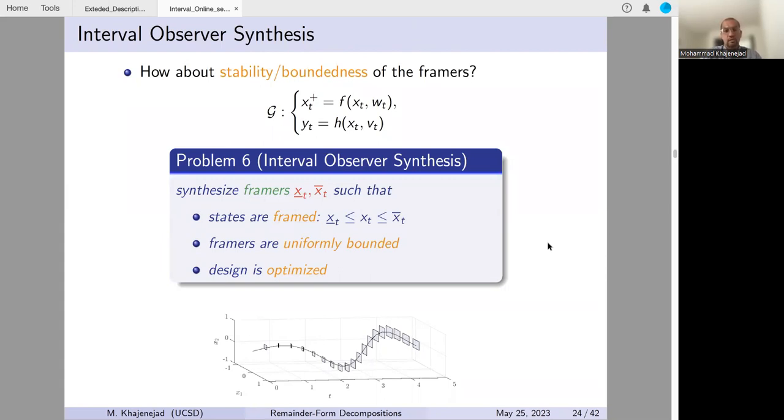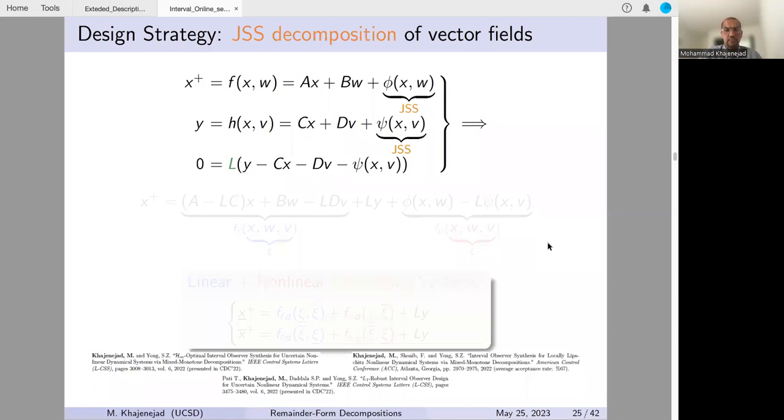So I know that there have been, and you know better than me, a lot of nice efforts in designing interval observers, including from some of the people in this community. So it turned out that using these embedding systems and decomposition functions, we can also contribute to this interval observer design literature. Okay, so what is the main idea?